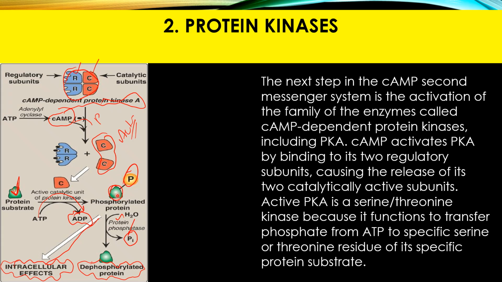Now it becomes a signal and it has some intracellular response, but when we remove it, because there is no extracellular signal, so there is no cyclic AMP, the dephosphorylation will occur because of protein phosphatase. Now it will be a dephosphorylated protein. It is no longer a signal, and the cell will not respond now.